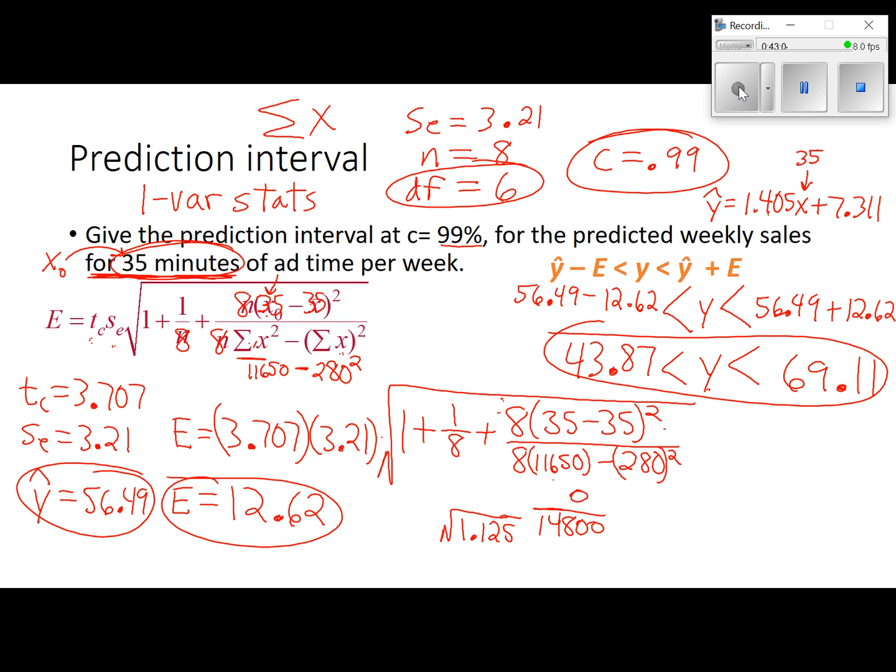So just one more time. We're saying that we're 99% confident that if they bought 35 minutes, their product that week would make from $4,387 to $6,911. We're 99% confident it would fall in that range.